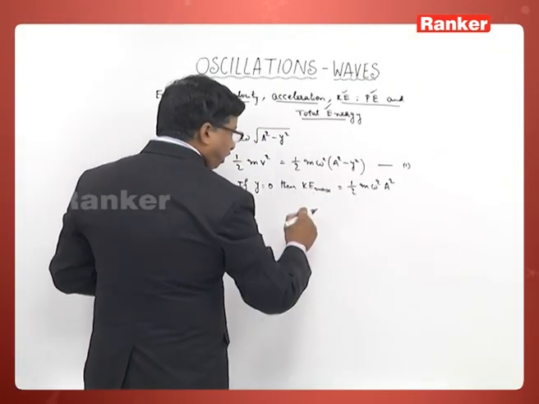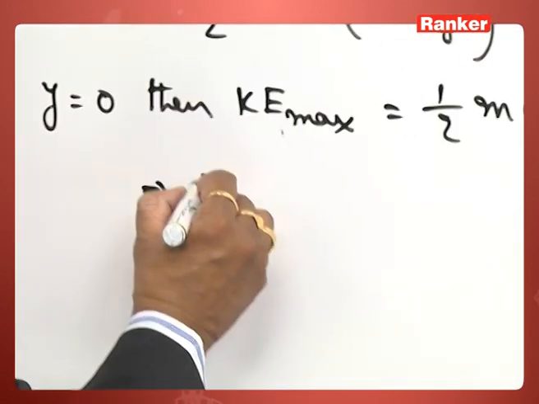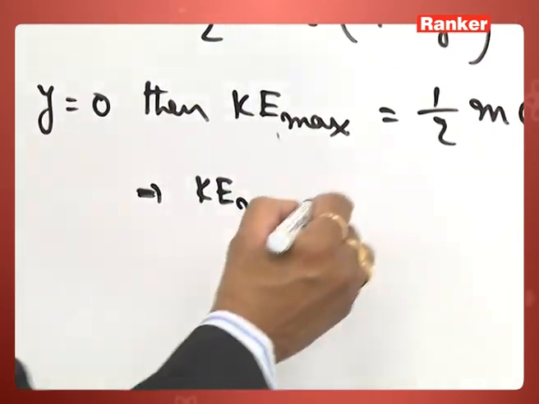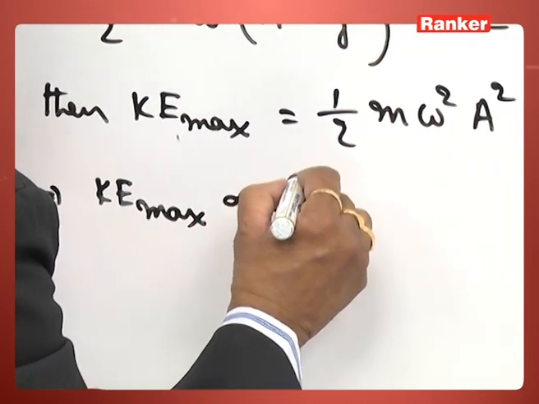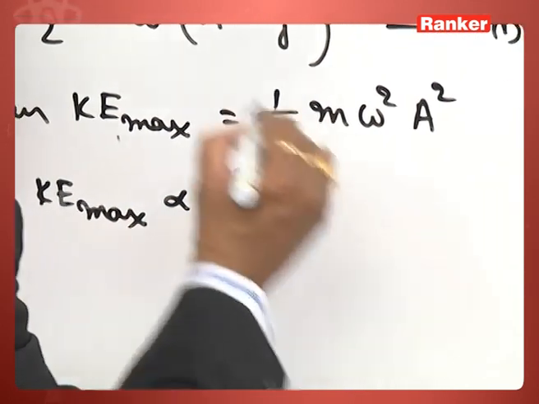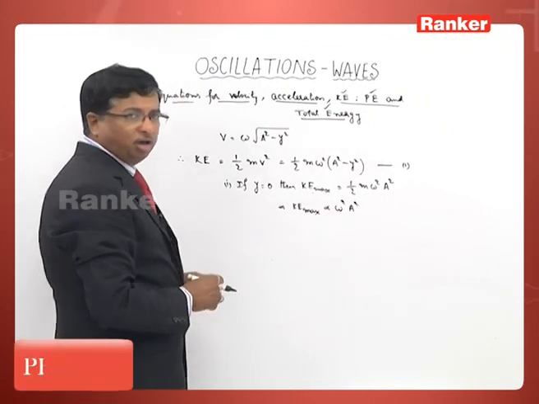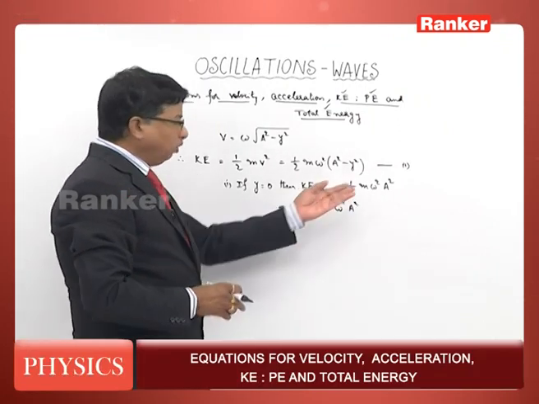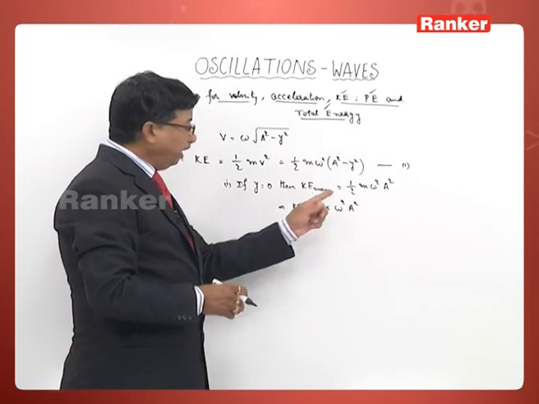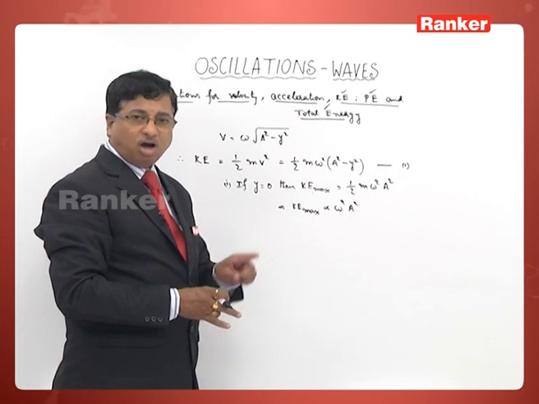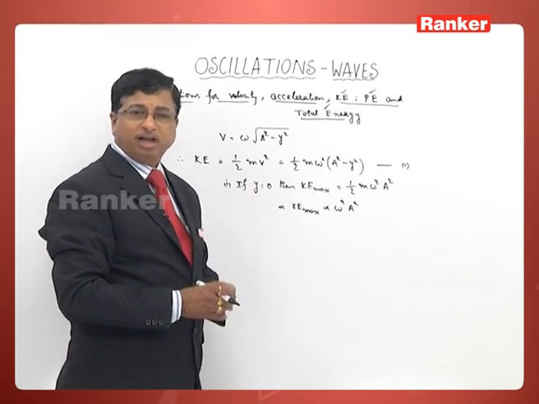So, when we consider this maximum kinetic energy, it is proportional to omega square A square, because mass of the particle will definitely be constant. Amplitude can be a variable. Omega also can be a variable depending on the frequency or the time period we are varying there.